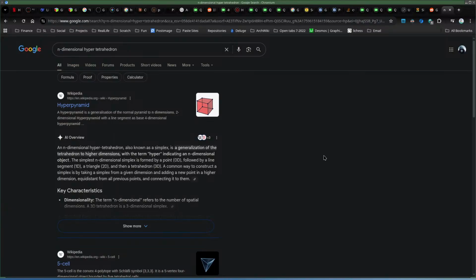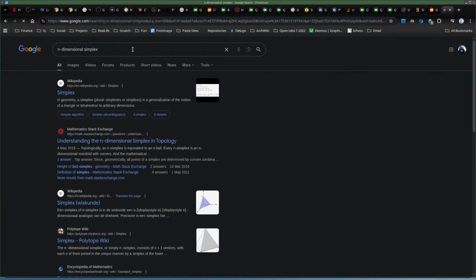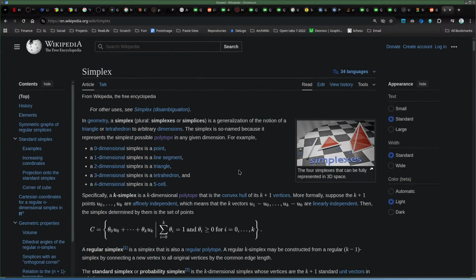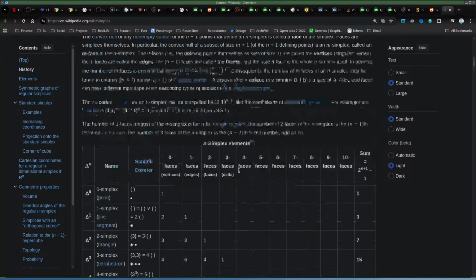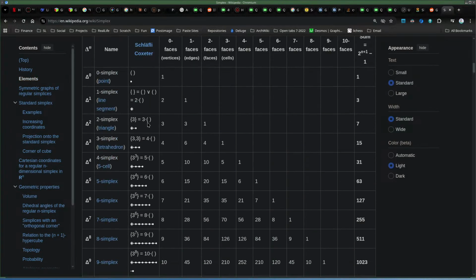Let's just look for a simplex then. A 4 simplex, 5 simplex, 6 simplex.